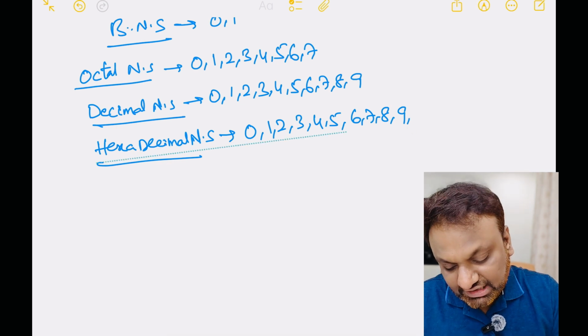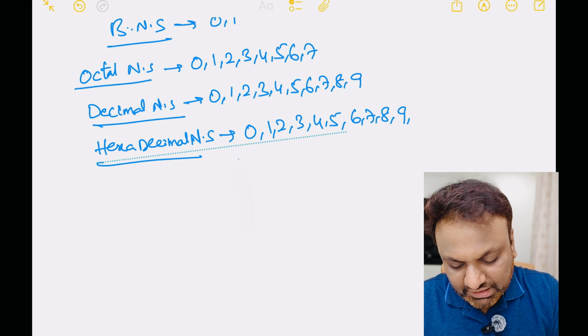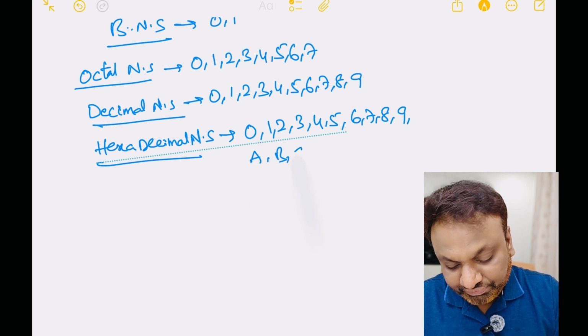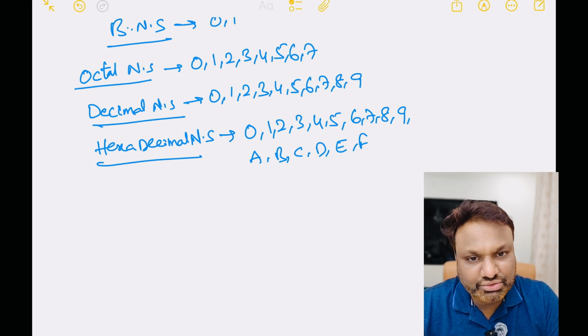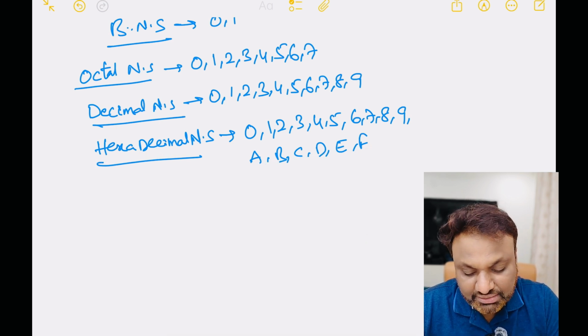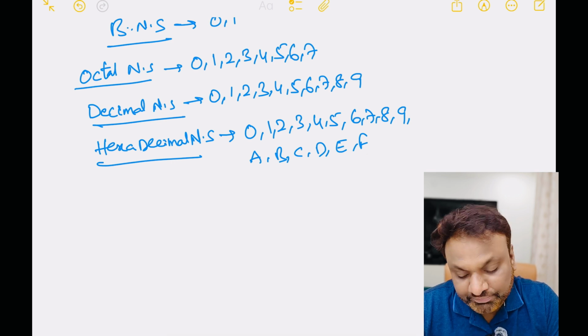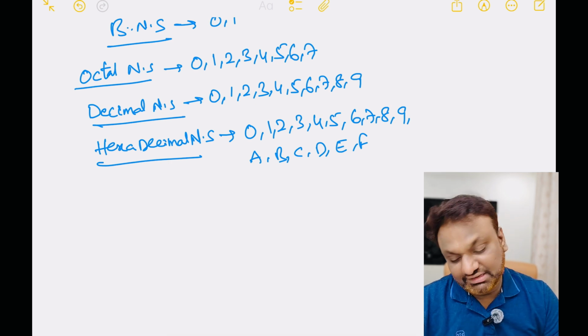We write A, B, C, D, E and F. Total numbers are 16. Right from 0 to 9 those are 10, and the other 6 are A, B, C, D, E, F. 10 is represented by A, 11 by B, 12 by C, 13 by D, 14 by E, and 15 by F.